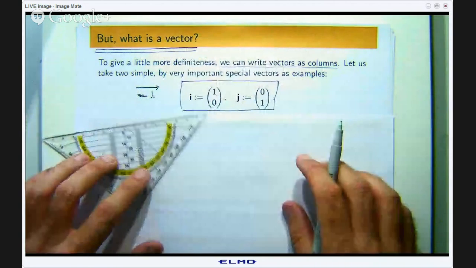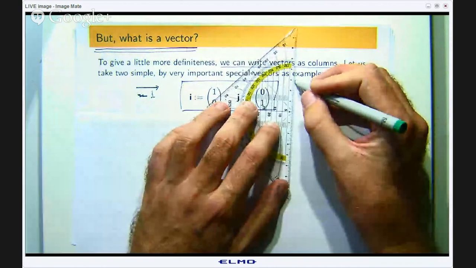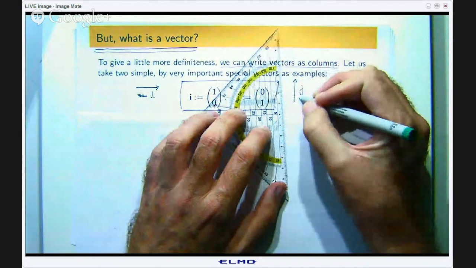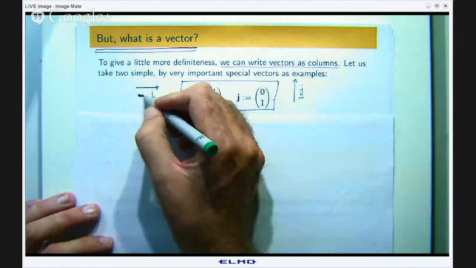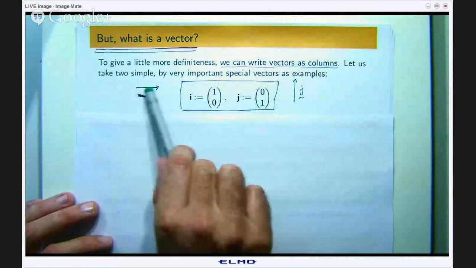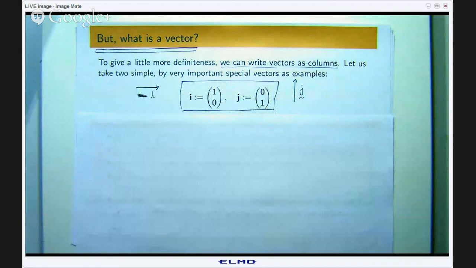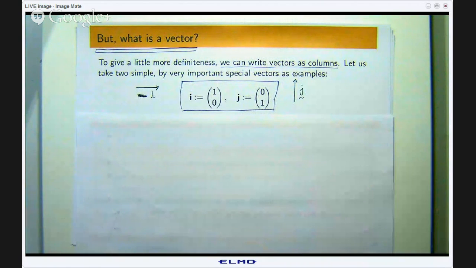And the J vector points vertically up and also has length 1. Okay, so forget this little squiggle here, that's nothing. So this vector I always points to the right and is horizontal. This vector J always points up and they both have length 1.